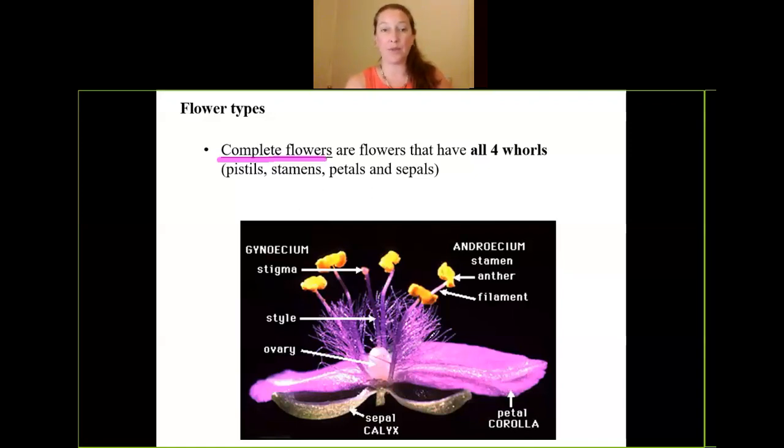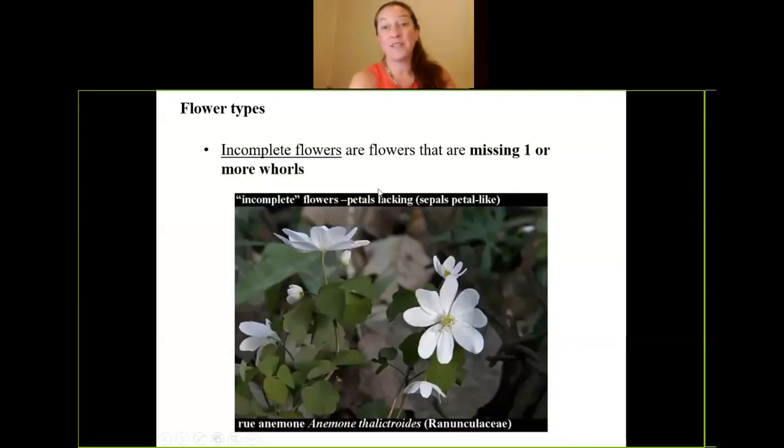So here is an example of a complete flower. It has the pistils or carpels. It has the stamens. It has petals. And it has sepals, right? So it has all 4 parts. It's a complete flower. If you're missing one or more of those whorls, you're what we call an incomplete flower.